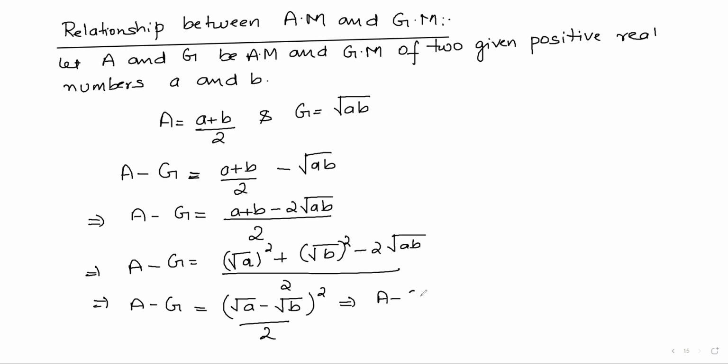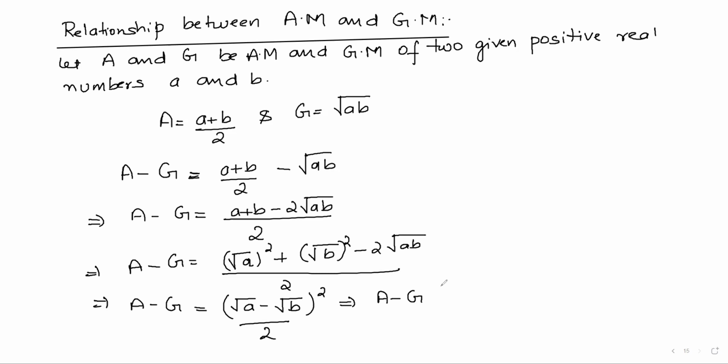Now in case root a and root b are equal, then we will get 0. This is correct? If a and b are equal, then we will get 0. And this complete part is always positive. This can't be negative. Why? Because 2 is positive and this is a square. So this is always positive.